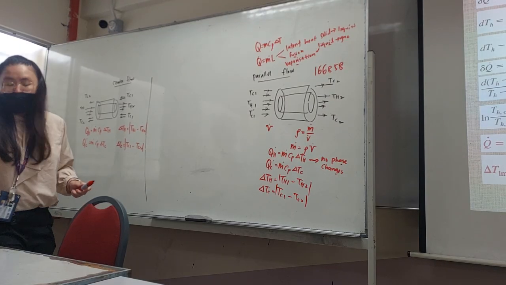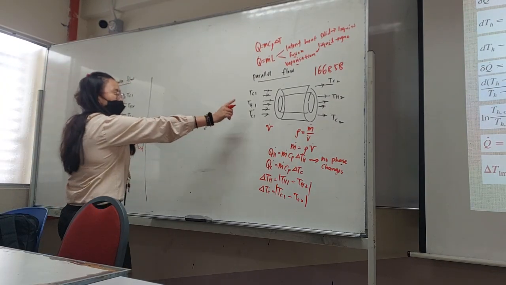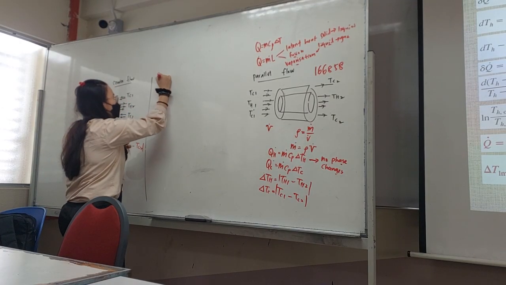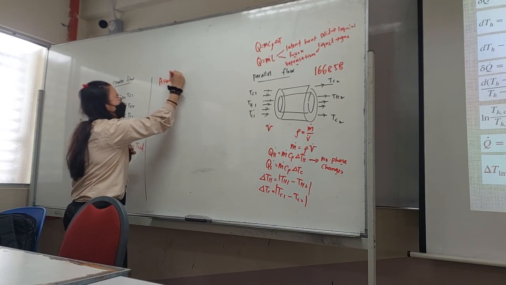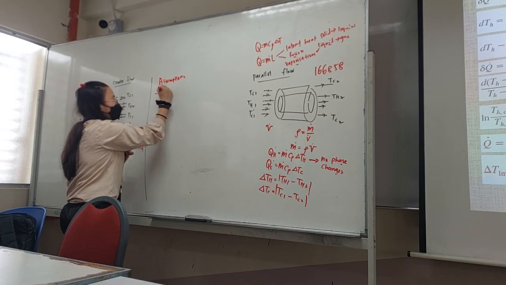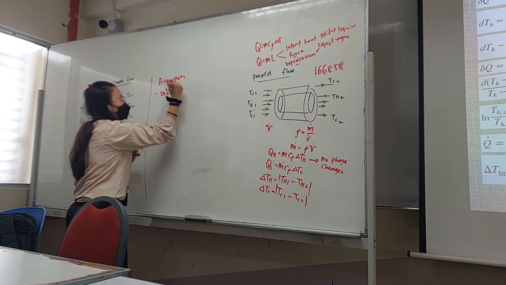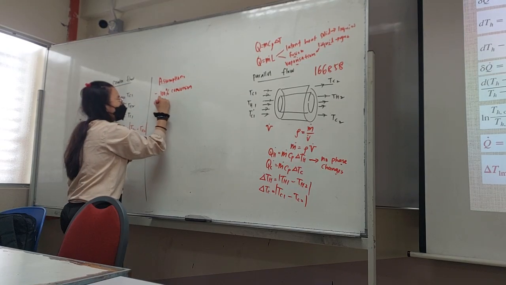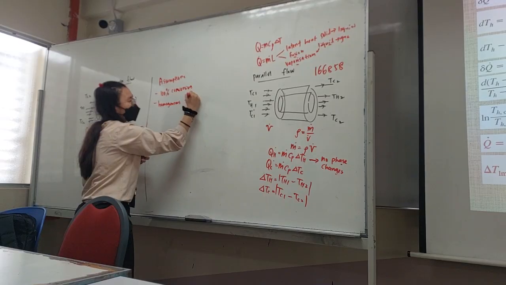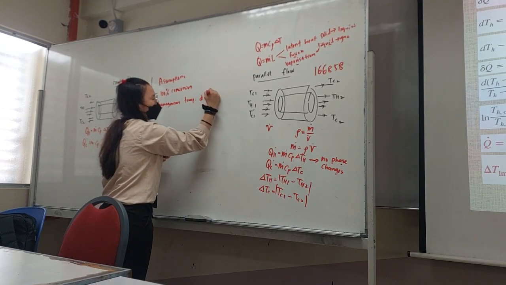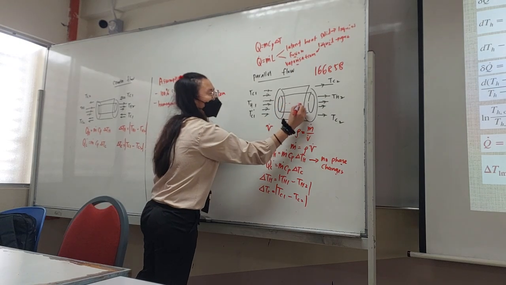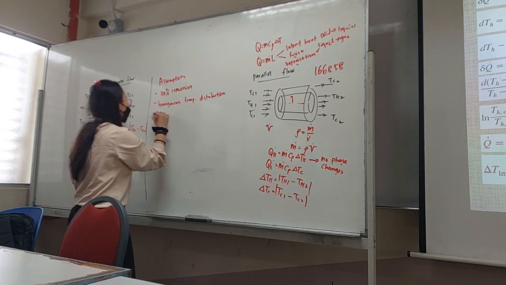If you look at the questions here, if this is a calculation, the assumptions you make are 100% conversion, homogeneous temperature distribution. If the hot water is inside, the heat transfer is from the center.